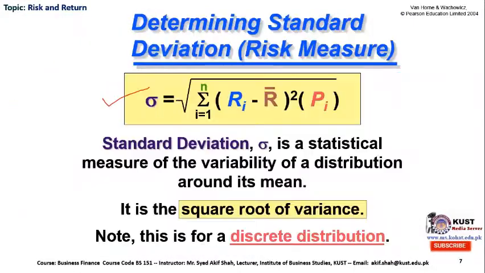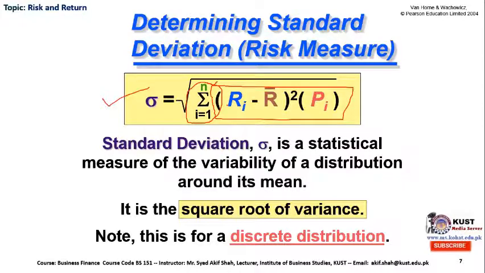Now we have realized the formula for calculating the standard deviation for a discrete distribution was this one, and after calculating this factor for each row, we need to accumulate them or sum them up.